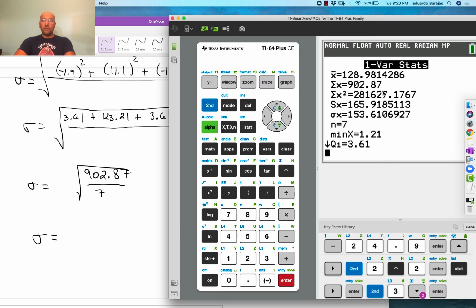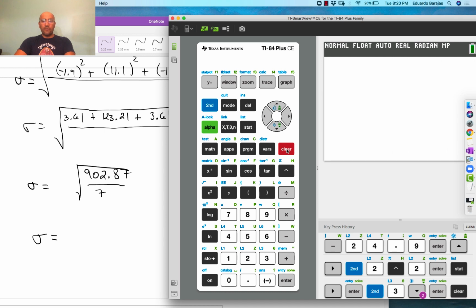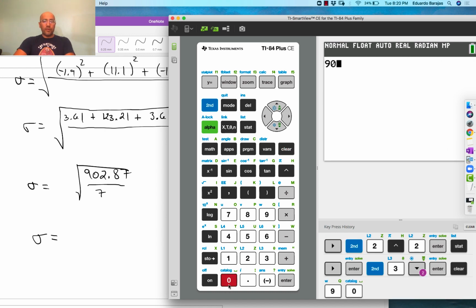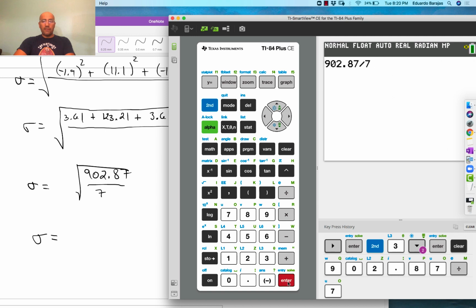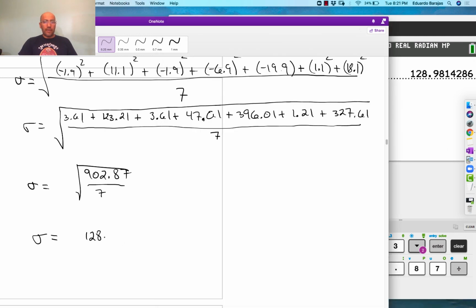So 902.87, let's hit clear here, and it's 902.87 divided by 7, enter. So it's 128.98. And then we take the square root of that.